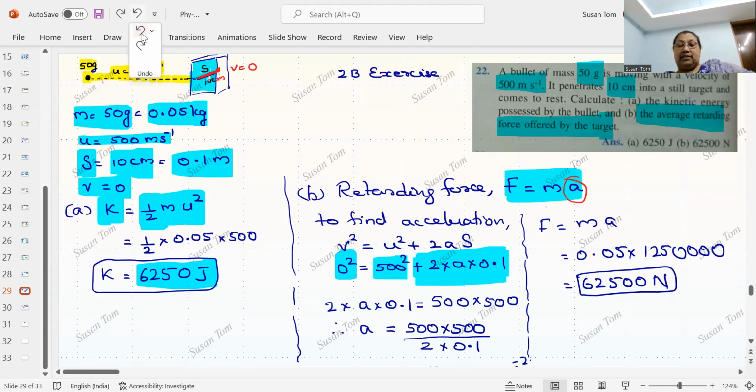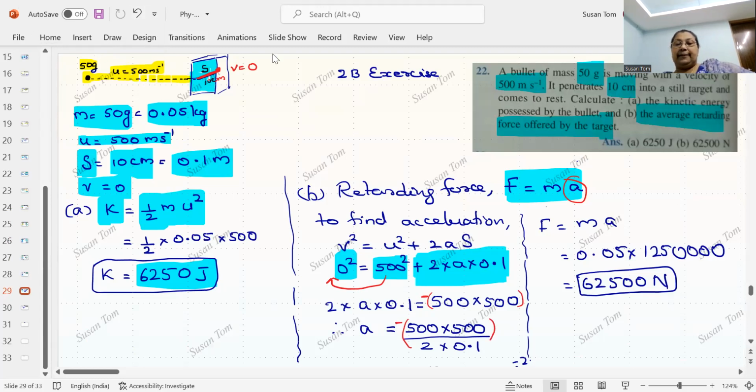So 500 square I'm taking to the other side, so that will be minus 500 square. And 2a into 0.1 you keep at the same place. So a is equal to a negative value.